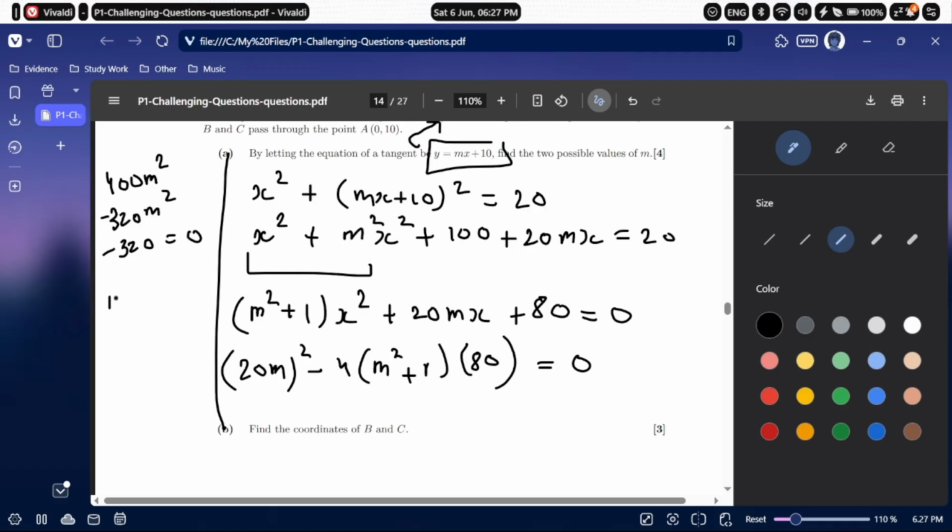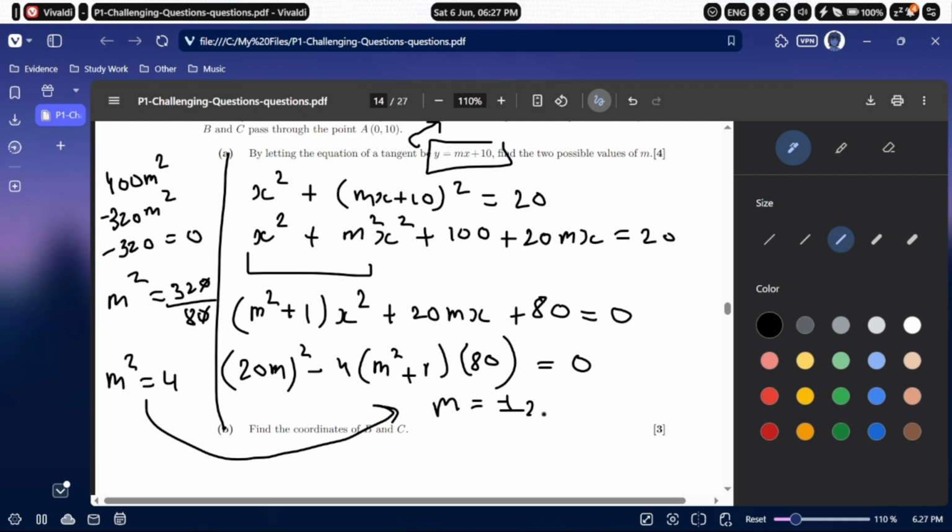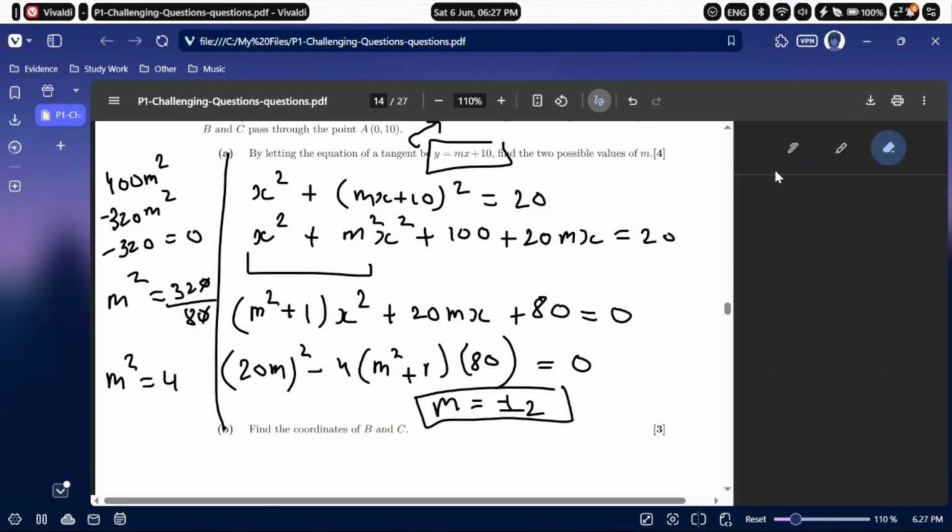So m square is 320 over 80. 32 over 8, that's just 4. So m square is equal to 4. Because it's square, you'll take the plus minus root of this. So m is either equal to plus 2 or minus 2. So that's your final answer.